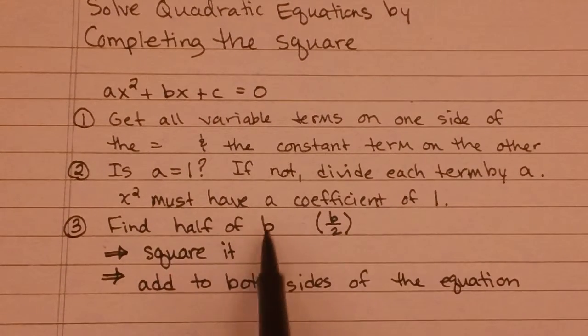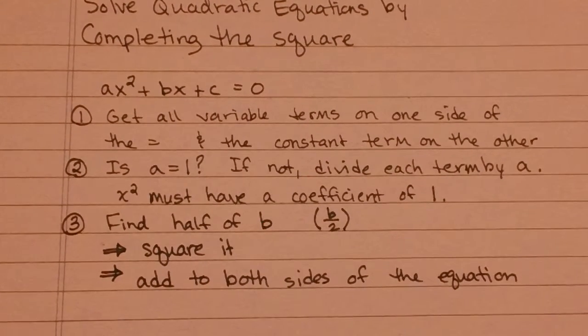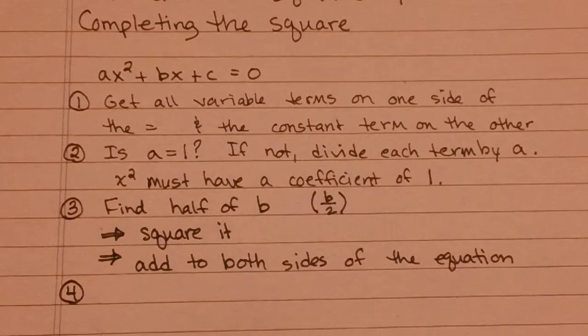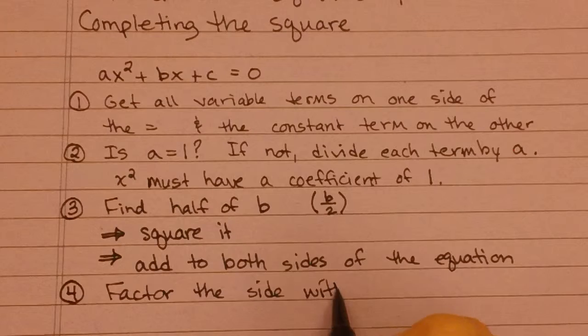Notice that half of b will not always be positive, but when you square it, it always will be. So that's why we're always adding it to both sides of the equation. After we've added that to both sides of the equation, we are going to factor the side with the variables.